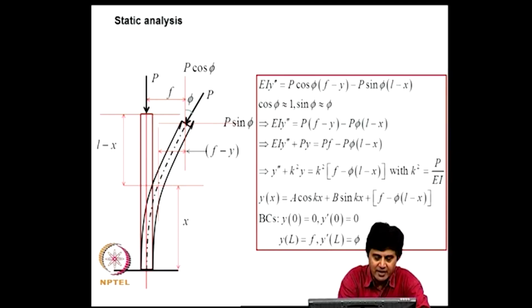Now, inspired by that, we will formulate this problem using purely a static consideration. We can resolve this load as P sin phi and P cos phi, and when I write the equation for bending moment at any section, I will include the bending moment due to the horizontal component and due to the vertical component. I will set up a coordinate system, x is measured from this, and I want to write the bending moment at x.